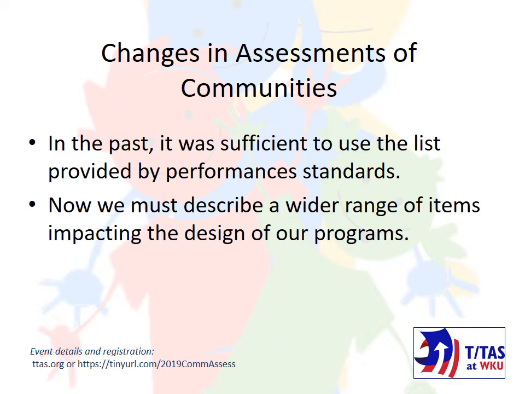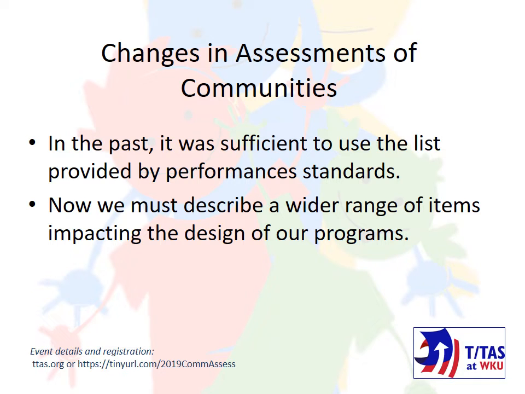There have been changes in the way we assess communities. In the past, it was completely sufficient to use the performance standards list and everything was golden. Now we're having to describe a much wider range of items that are impacting the design of our programs, thus making it a richer and more detailed document.